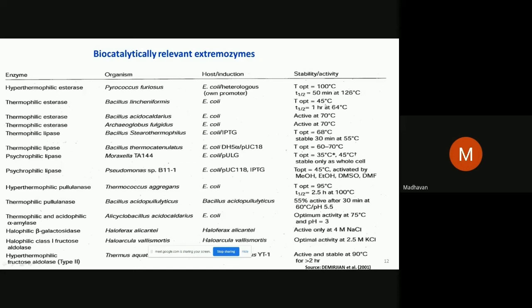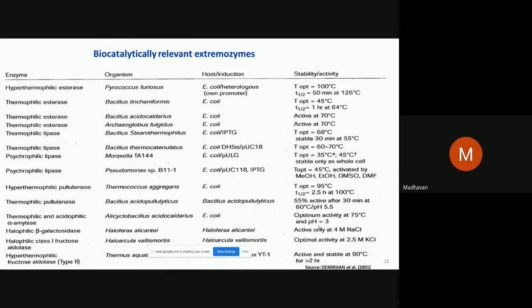Similarly, some enzymes can survive at 64 degrees for 1 hour, and most of them are active at 70 degrees, with optimum activity there. If you look down, thermophilic and acidophilic amylases have optimum activity at 75 degrees and pH 3.